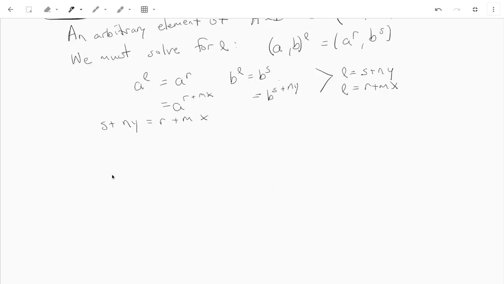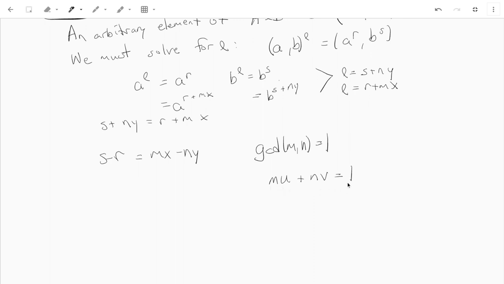So let's start by rearranging. We get S minus R equals MX minus NY. But the GCD of M and N is 1, so we can write, I'm running out of letters, but maybe MU plus NV equals 1.